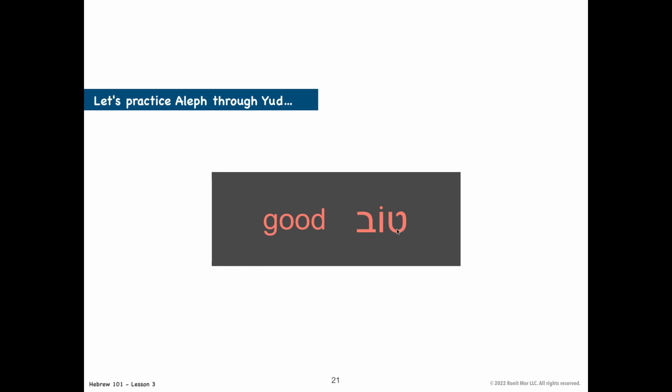So T plus the sound O, that's To, and then V, Tov, Tov. Next, same thing, T with the sound of U, so it's Tu, and then Vet, Tuv, Tuv.